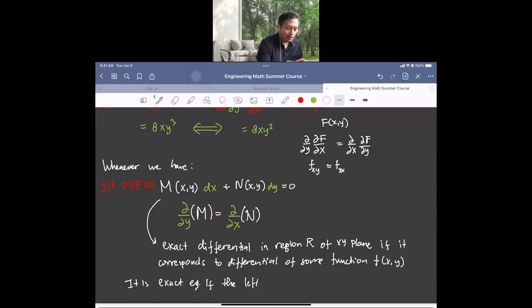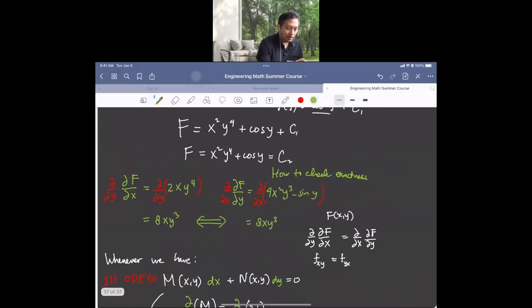if the left component, or the left expression, is an exact differential. The one that we are proving.